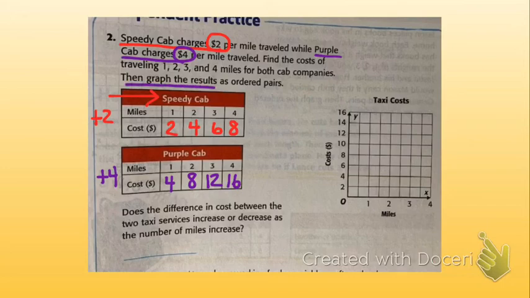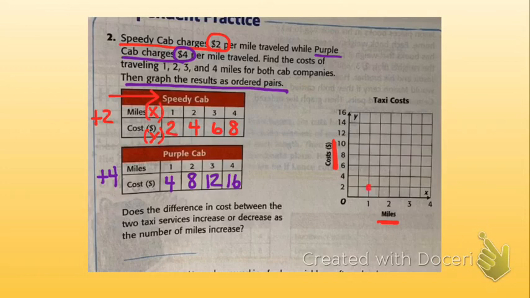All right, so they want us to graph this. It says then graph the results of these ordered pairs. So let's first graph the Speedy Cab. So the miles, if you look down here, see our miles, see our costs. So this miles, that is like our X, and our cost, that is like our Y. So for our Speedy Cab, our miles is going to be 1, 2.